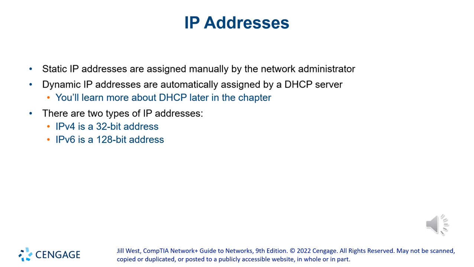So when you get those IP addresses, there are two options. You can get an IPv4, IP version 4, which is a 32-bit IP address, or IPv6, which is 128 bits. About 10 years ago, they were afraid that we were running out of 32-bit IP addresses because it's a limited number, of course.